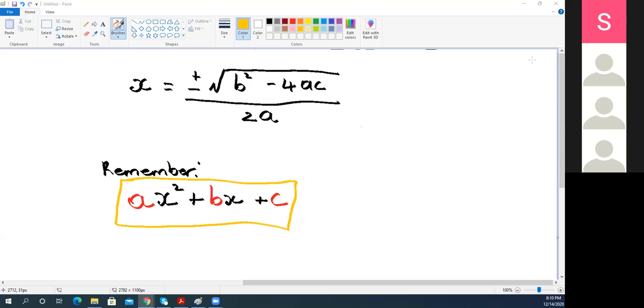Wait a minute, please. I probably need some help to figure out why I'm not able to write. I think I'm going to have to share a different screen.